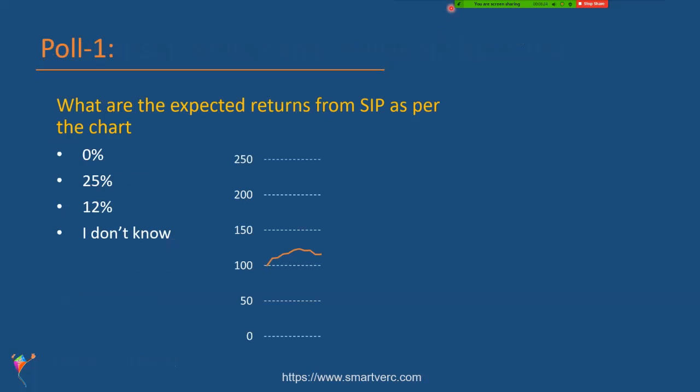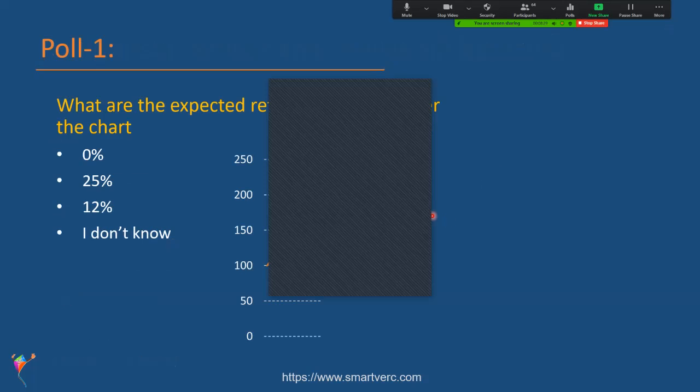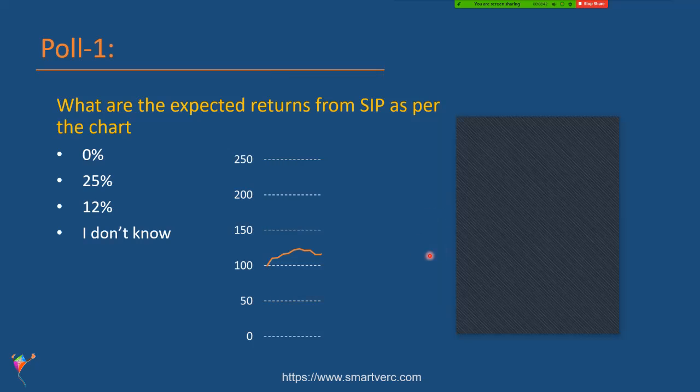So here we go for the first poll. You have to answer. I hope I am very clear what I am asking. Absolute Sensex has given a return of 20% after moving up to 25%.